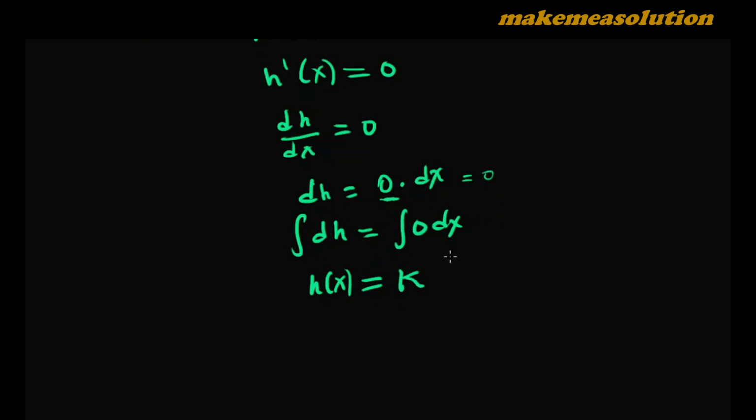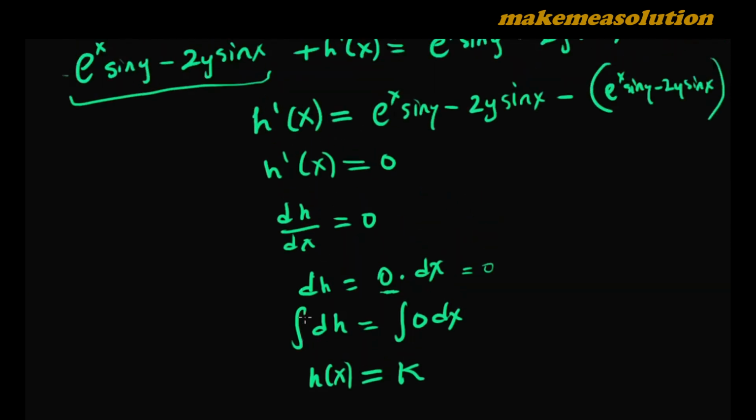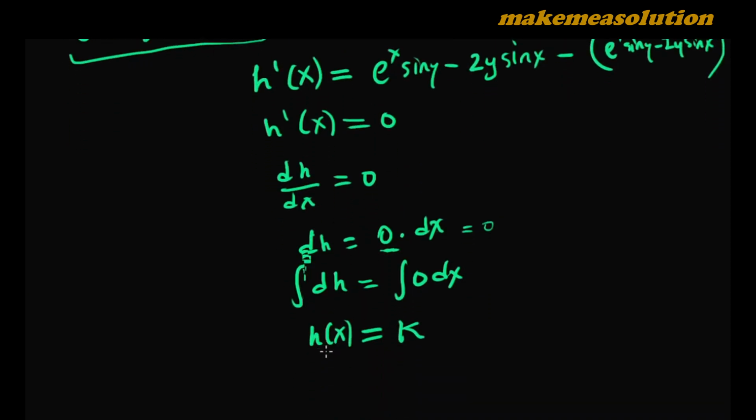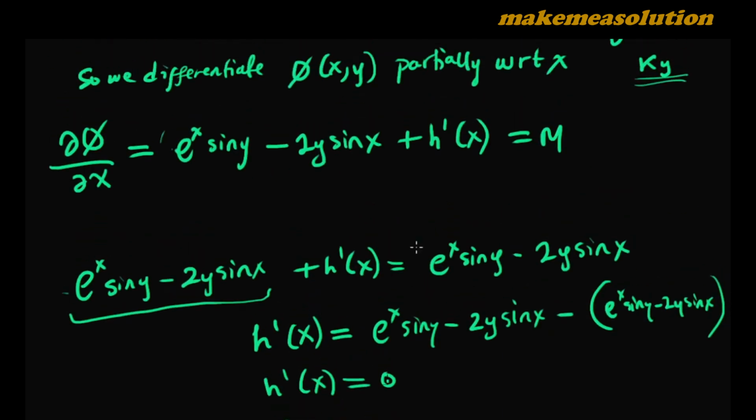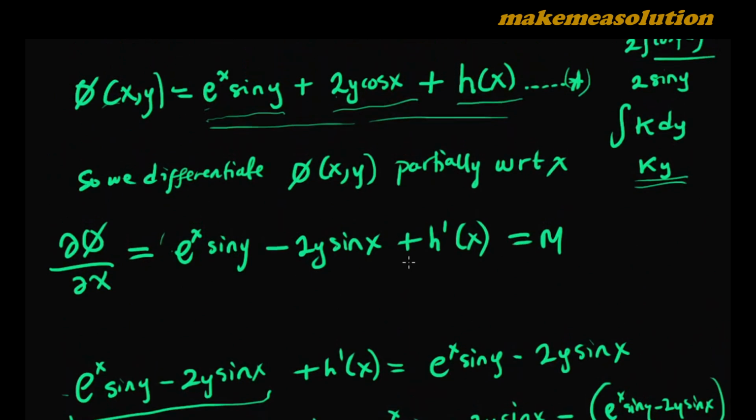When you integrate 0, you get a constant, because whenever you differentiate a constant, you're going to get 0. So when you integrate 0, you get an arbitrary constant. So we have now established, from this particular series of steps, that our h of x is equal to a constant.